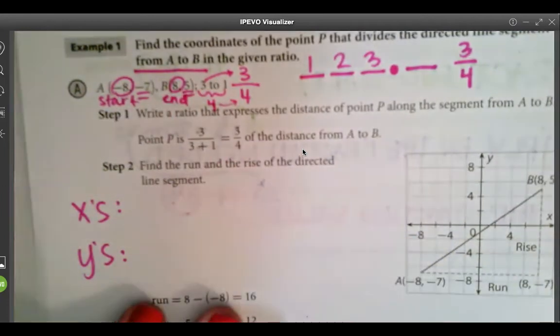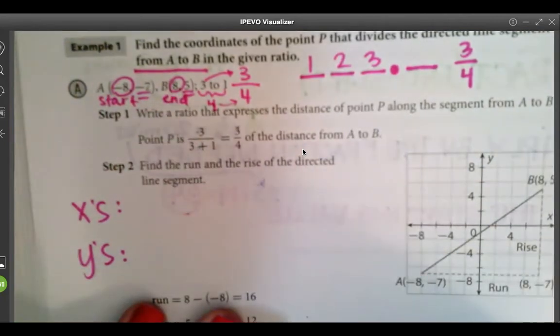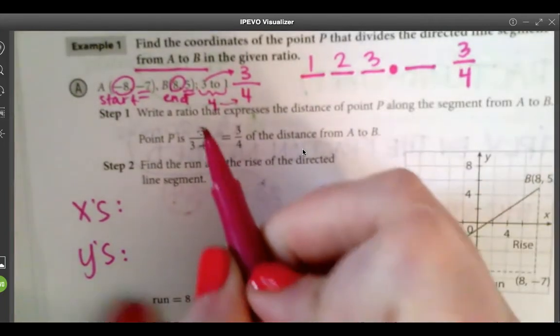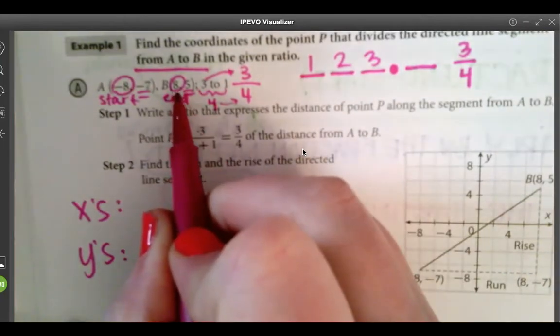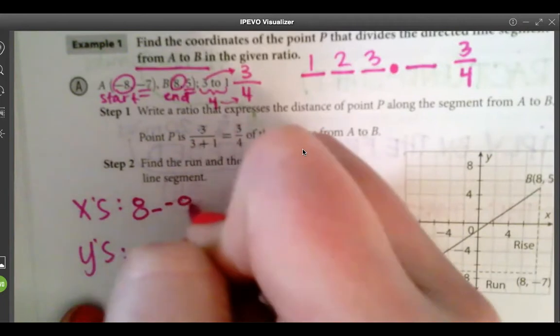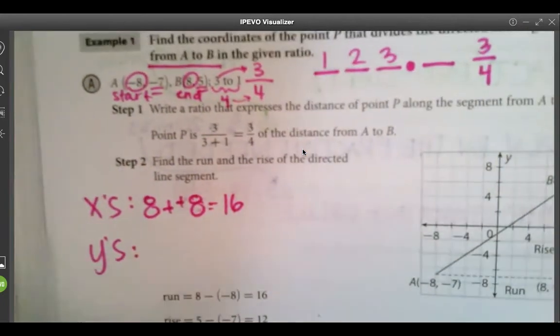It's just a simple mistake to make. So it's worth it to me to put those little marks there to help keep myself organized. It's up to you whether you want to do that or not. It's an optional thing. So we're going to subtract our end, which is 8, minus our beginning, which is -8. So 8 minus -8. That's a total of 16 spaces.